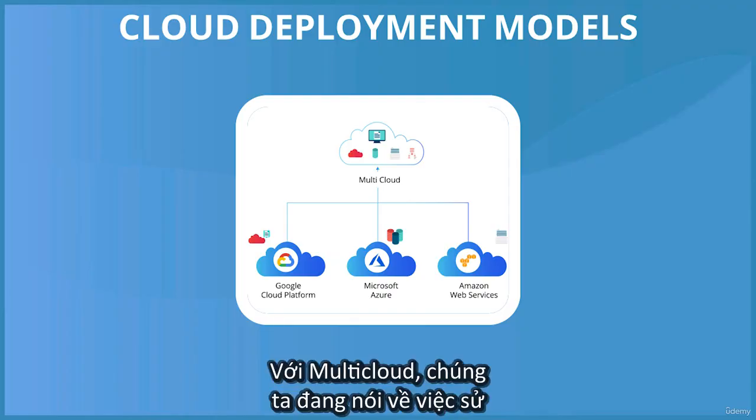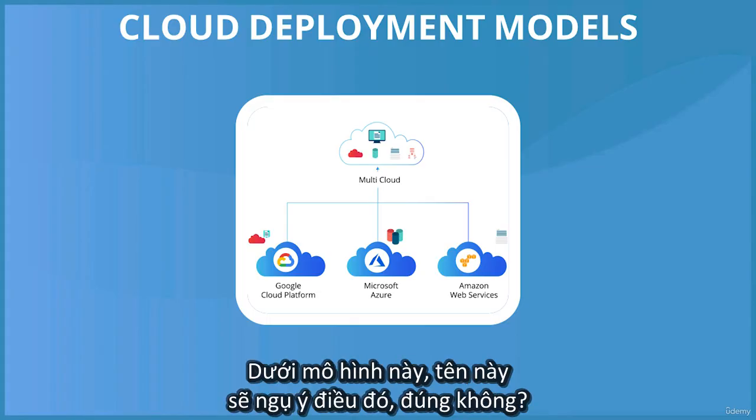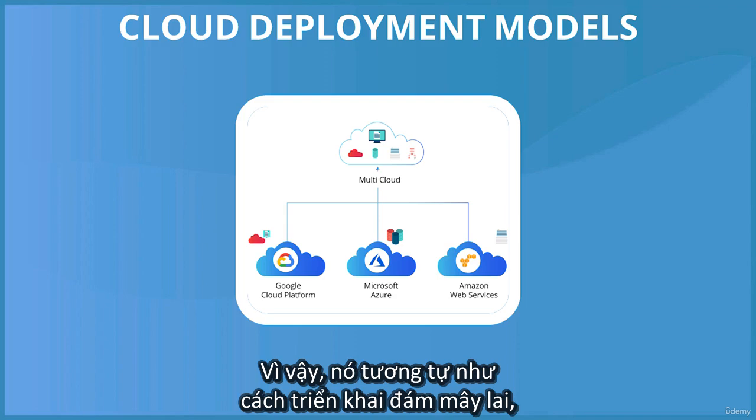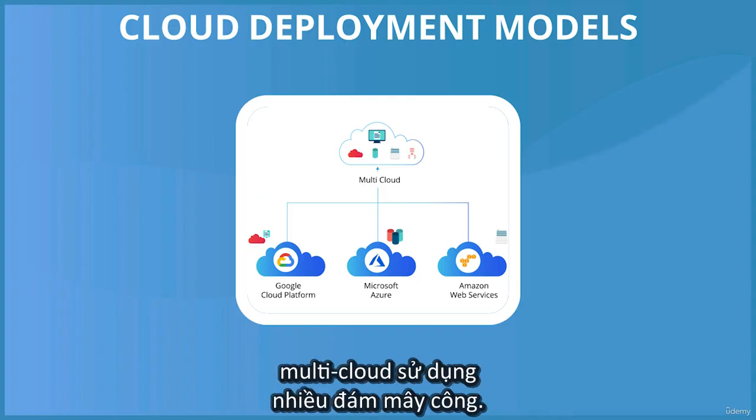So with the multi-cloud, we're talking about employing multiple cloud providers at the same time under this paradigm. This name would imply that, right? So it is similar to the hybrid cloud deployment approach, but that combines public and private cloud resources. But instead of merging private and public clouds, multi-cloud uses many public clouds.